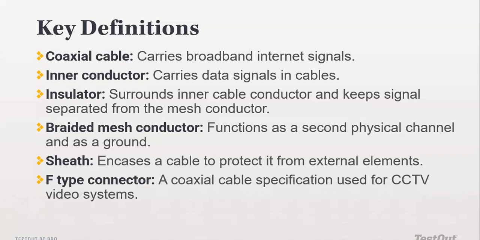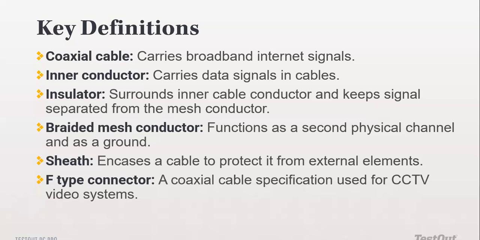And an inner conductor is like the copper wire right inside that carries data signals. That's what we refer to as an inner conductor. Remember, we talked previously about a conductor being any component that lets electricity or digital signals pass through it with little or no resistance.